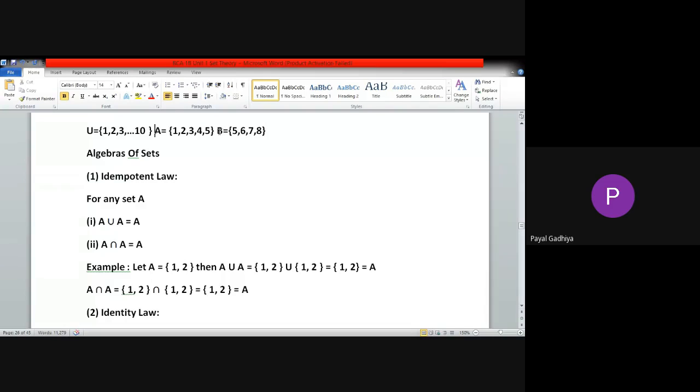You have to write in the chat box: find A union B, A intersection B, A dash and B dash. All these terms you have to find and write in the chat box.